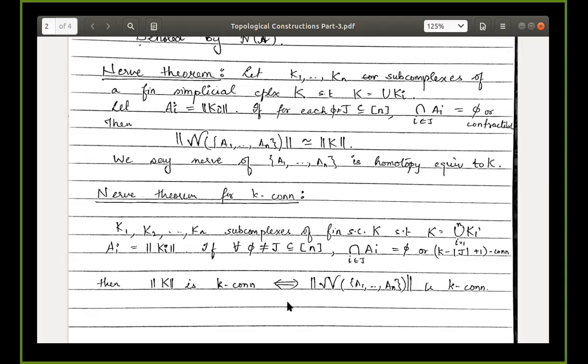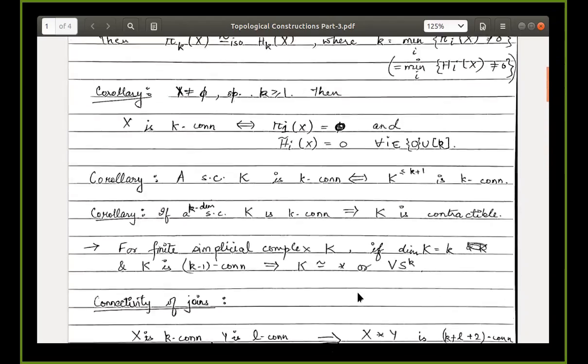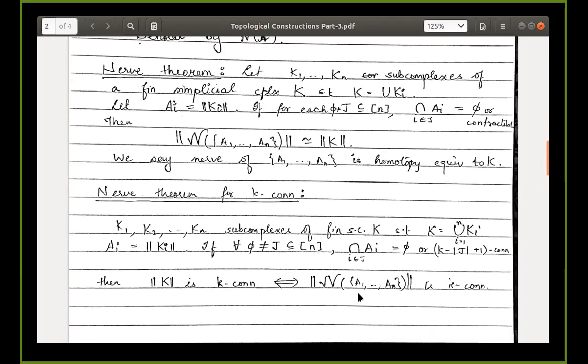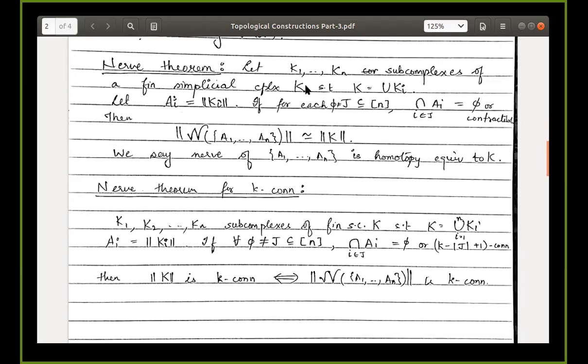And for k-connectivity, you don't have to sit down and find the homotopy groups because that is extremely hard. So you try to come up with techniques which can simplify your calculations. And this nerve theorem is a beautiful theorem, with strikingly little apparent similarity between the two objects, and yet it gives you such a beautiful result: that the nerve is homotopy equivalent to the complex you started with under certain conditions.